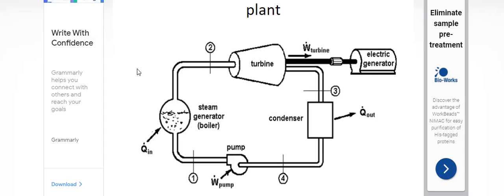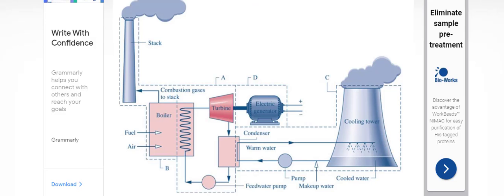Reheat cycle. The basic components of the steam power plant are the boiler, in which the heat is given, then the turbine, then the condenser and pump. From this boiler, the steam is generated and that steam is given to the turbine.